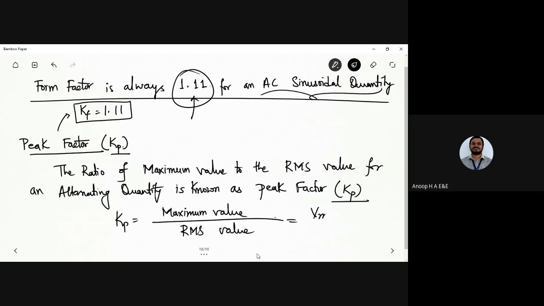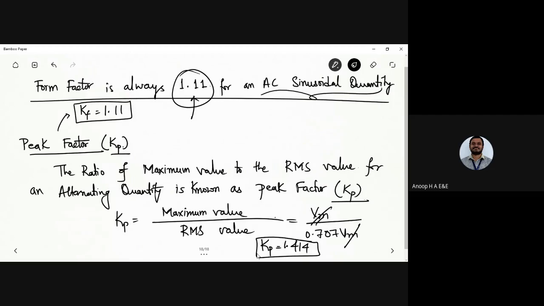So I have this maximum value as Vm and this RMS value as 0.707 times Vm, and Vm gets cancelled. So the value of Kp is 1.414, which is nothing but the peak factor. The peak factor is always 1.414 for an AC sinusoidal quantity.